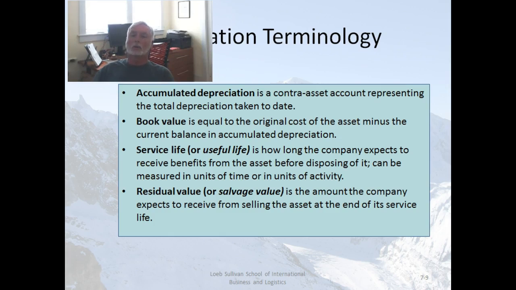So if it's a 3-year-old machine, accumulated depreciation will include all of the depreciation from year 1, 2, and 3. The net of the two gives you what's called book value, the net value of the equipment on my books. So cost minus accumulated depreciation equals book value.